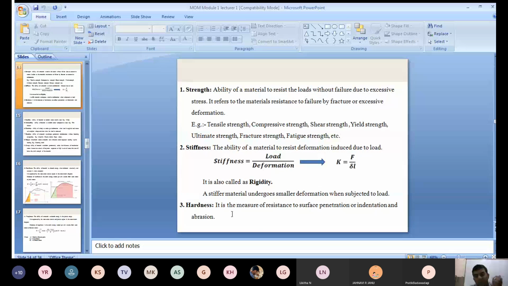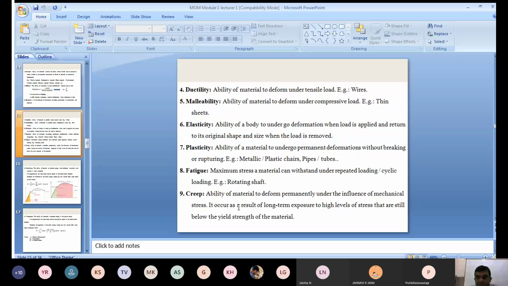Okay. Next, hardness is a measure of the resistance of a material to penetration, indentation or abrasion. Next, ductility: the ability of material to deform continuously under tensile load. Examples, wires.